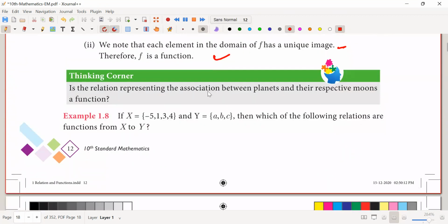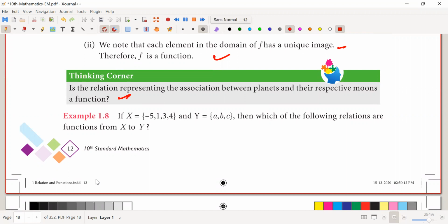Is the relation representing the association between planets and the respective moons a function? What do you think? Relation between planet and the respective moons. Why not? Because there's only one planet, but the planet has many moons.